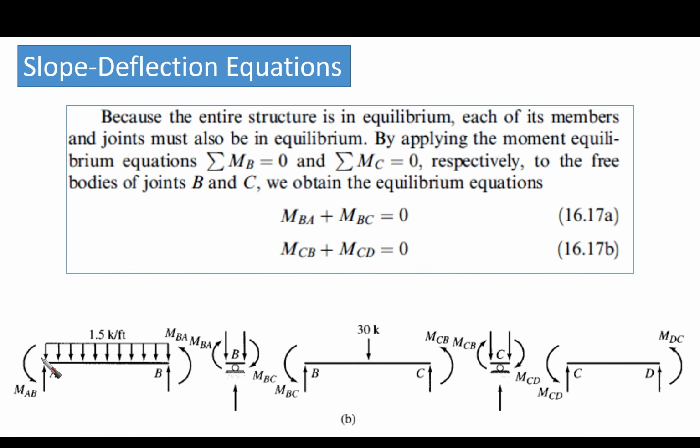This is what we call the free body diagram for all the components of the beam, right? For the first span, we're going to deal with an external load as a distributed load only. In the second, we are going to deal with a concentrated load. And in the third, there is no loading at all. Okay? So this is something that we want to understand.